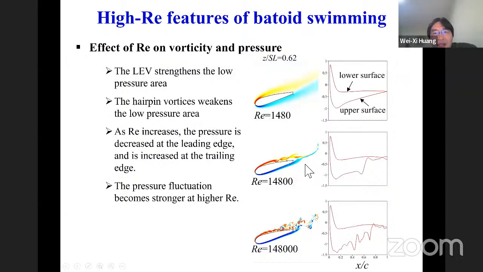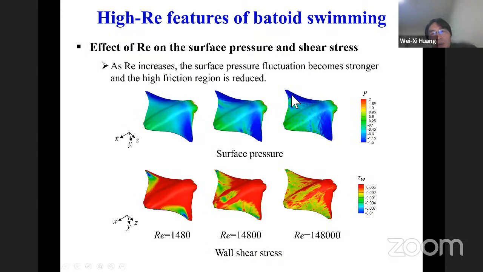And this is the pressure on the surface. We can see it's stronger than in the lower Reynolds number case, but the fluctuation is more significant. But the high friction region is much reduced at the higher Reynolds number case.